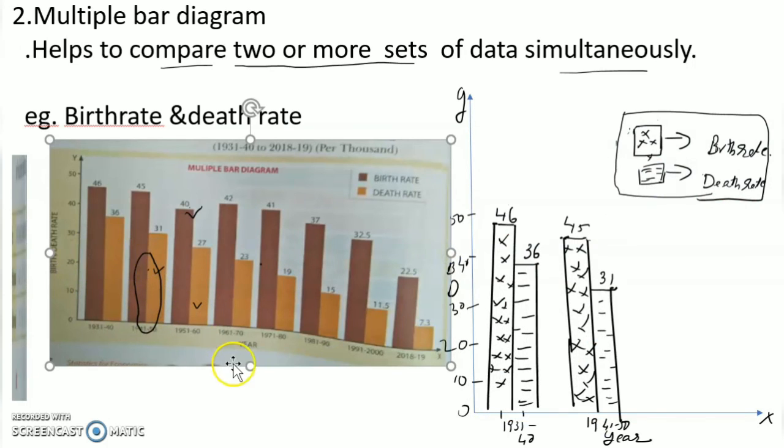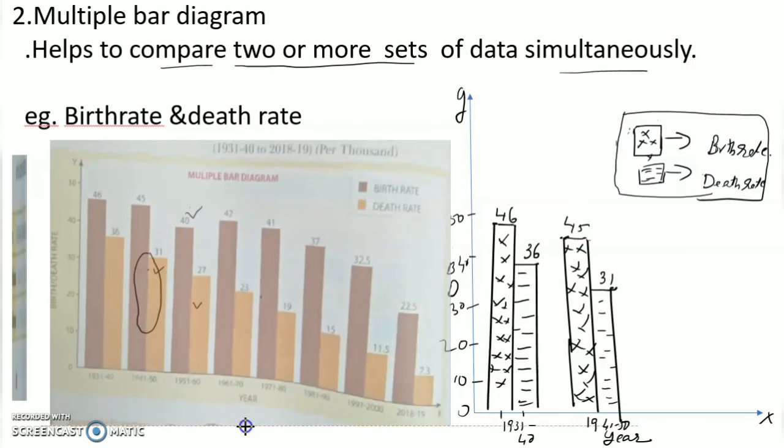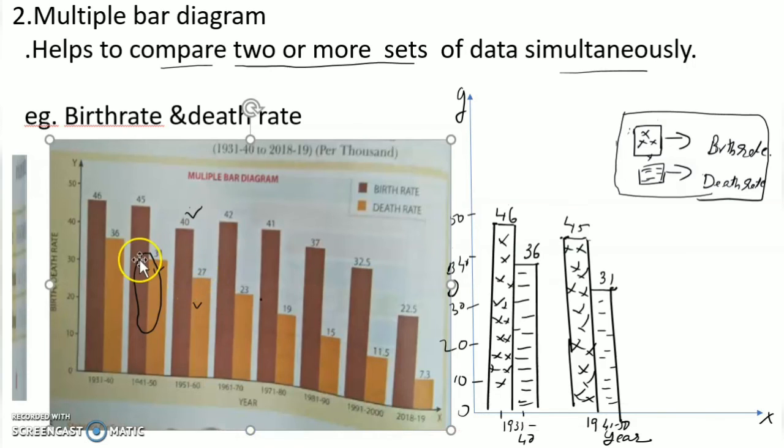Here different colors are given for birth rate and death rate in different years, and the same colors are given in the index. Here you can see the birth rate in dark brown and the death rate in light brown. The same color we have to give for all the birth rate bars.